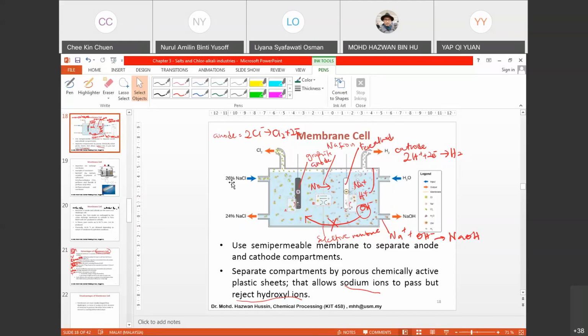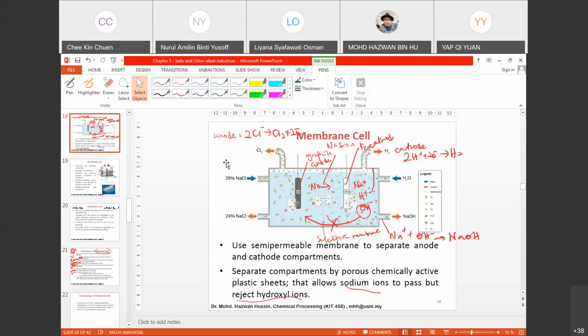But this is always in a cycle, so the unused sodium chloride solution can still be reused. If not much sodium is being transferred to the cathode, your membrane needs to be replaced more often.